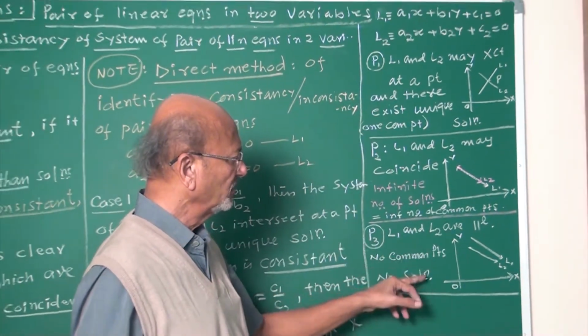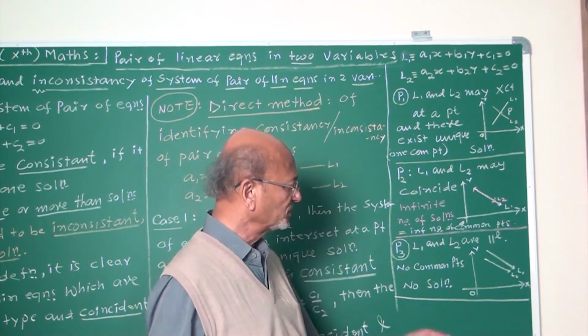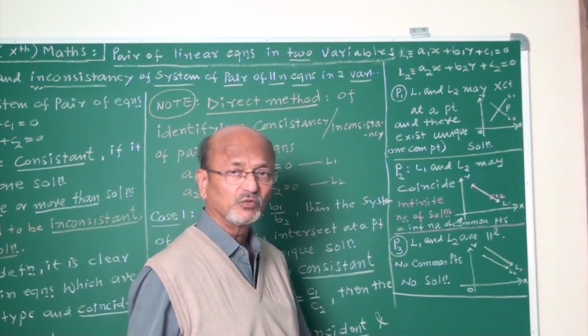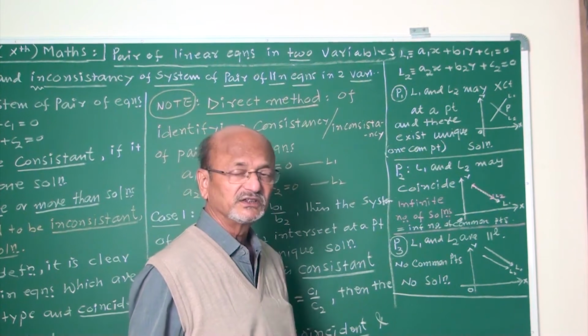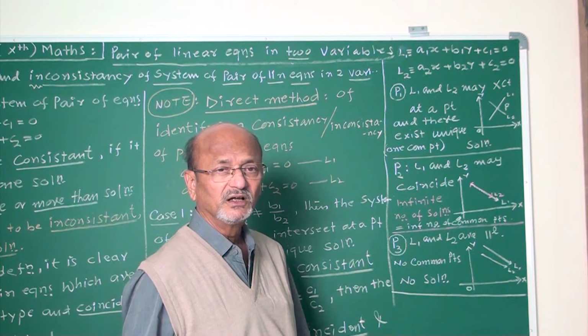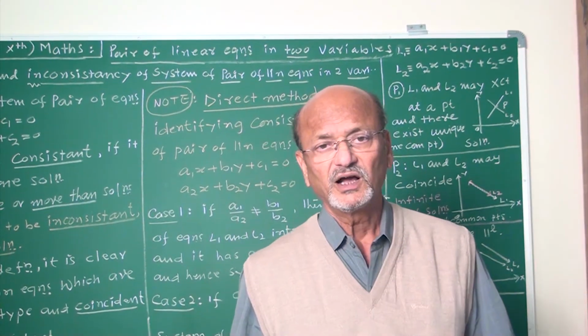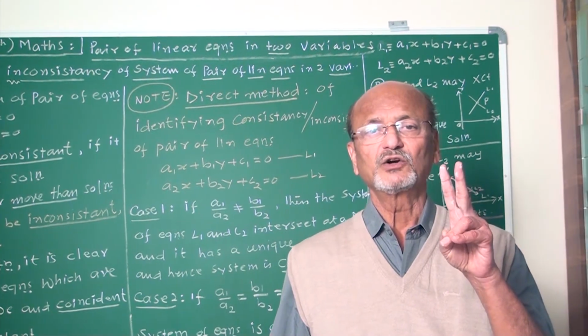Friends, remember everything we have done, and we have done a series of examples based on this. I don't want to remind everything again, just see the types of examples we have done. Next come the methods of solution. There are two methods.